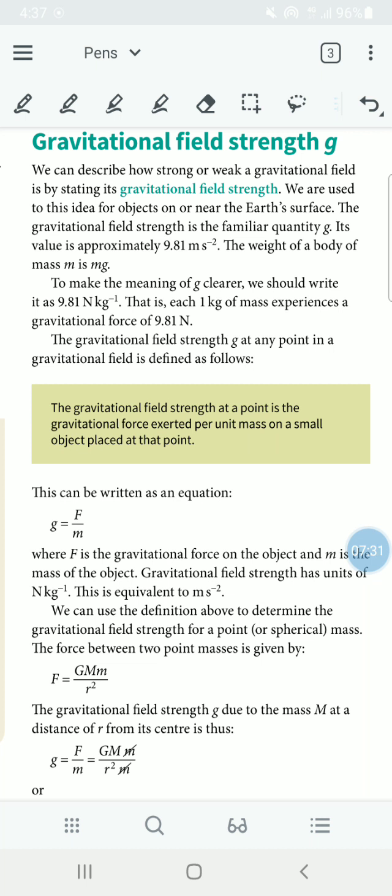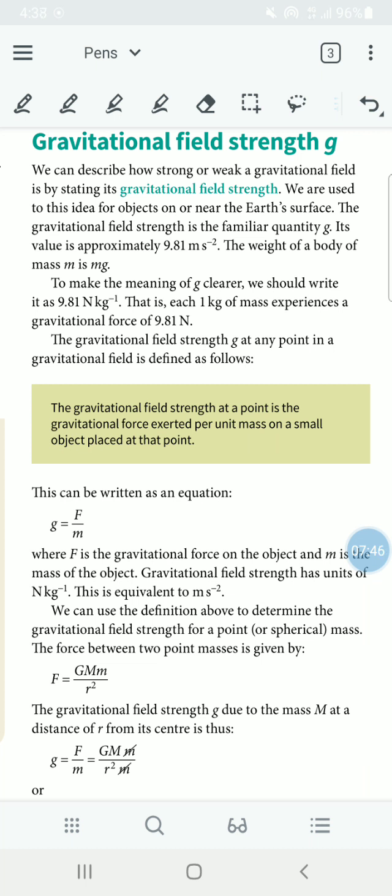Leave a line and write. Therefore, g equals F upon m.